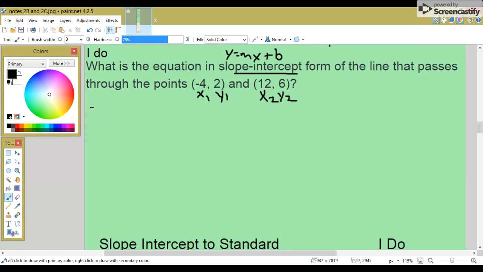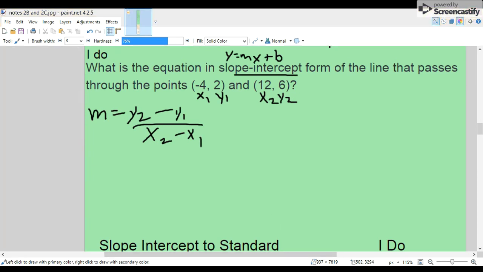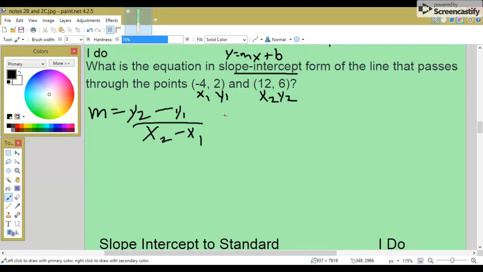From here, recall our slope formula. M equals y2 minus y1 all over x2 minus x1. Plug that into the formula.